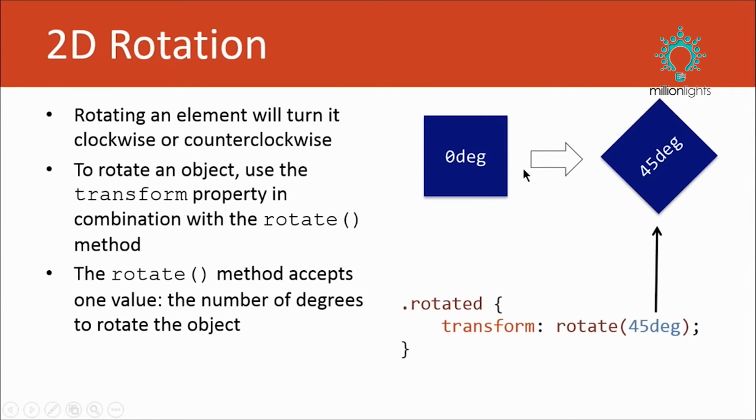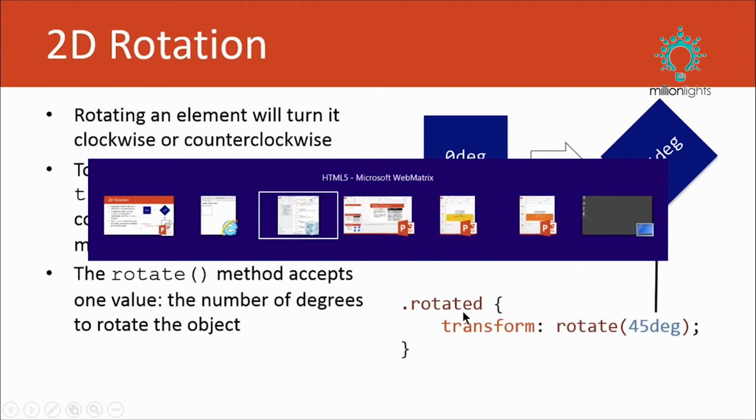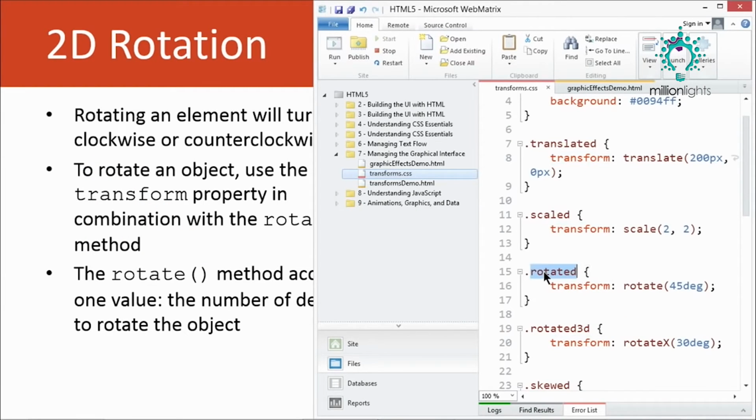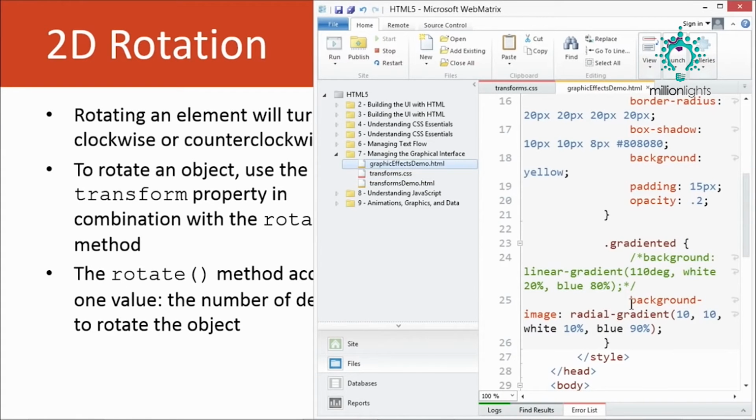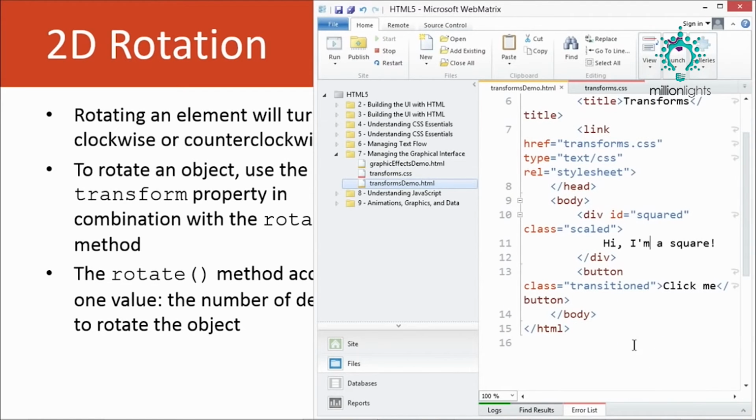Next up, we'll go ahead and rotate. Right? So you're going to go ahead and use the rotate method with the transform property and then insert the number of degrees. So I'm going to go back and add the rotated class to my transforms demo here.